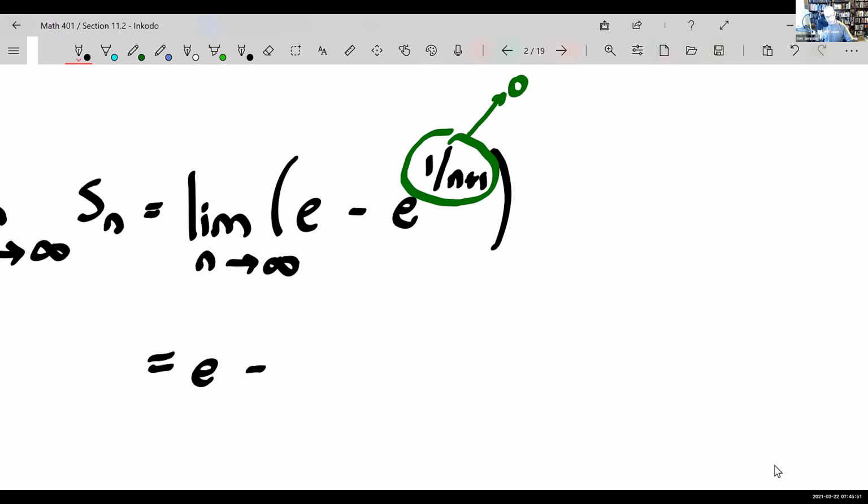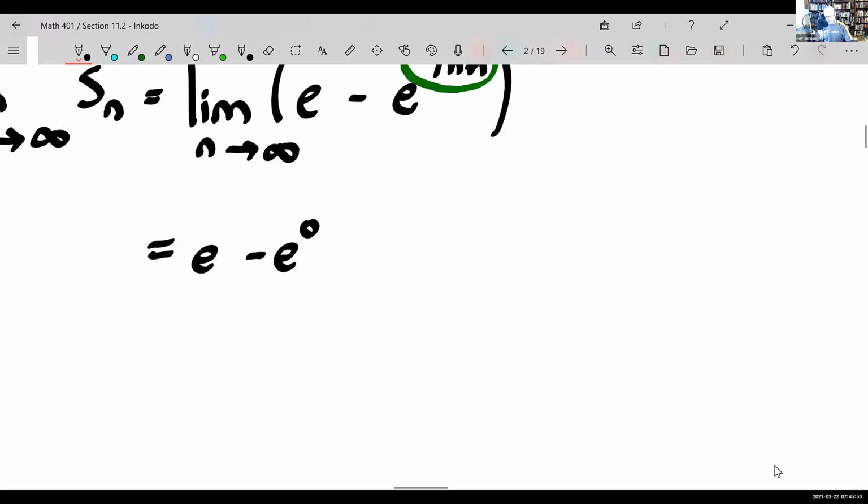And e to the 0th is 1. So it's going to tend to e minus 1, which is about 1.728. And that's exactly what we were seeing, because in that sequence of partial sums that we plotted in Desmos, it looked like the y values were tending to something between 1.5 and 2. And that value of e minus 1 is 1.728. So that's pretty spot on.